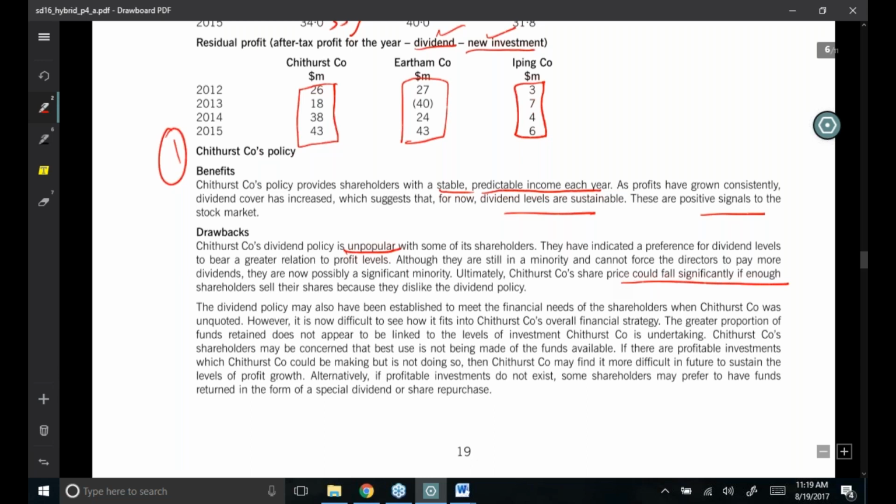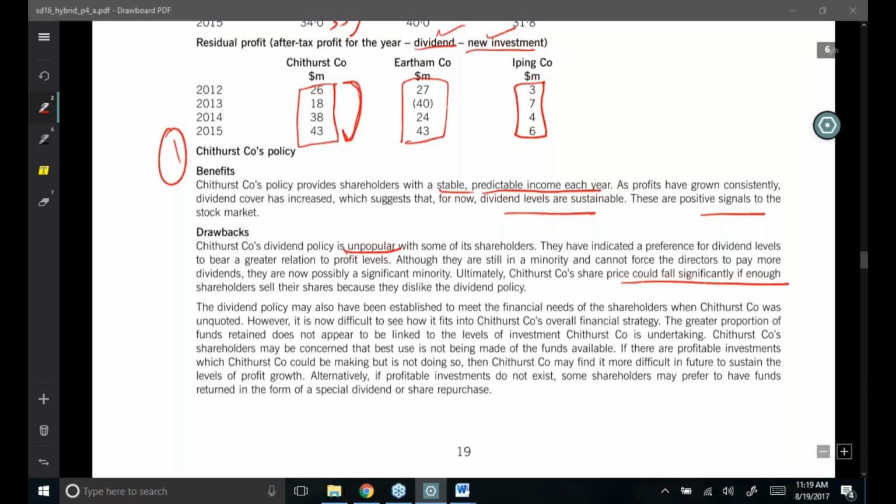If you are retaining funds, you should invest those funds in new projects, but this is not the case here. You are retaining too much funds that are sitting idle on your financial statements. So that was the discussion of the first company.